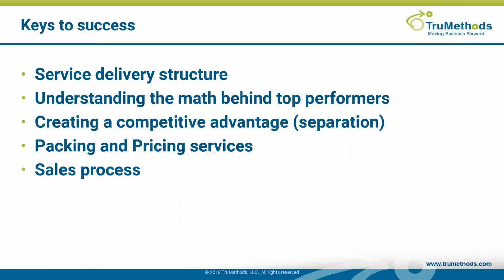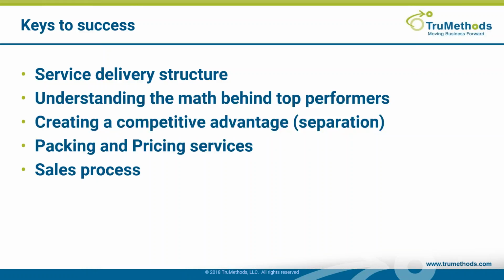The top providers, the ones who have the highest leverage or the highest margins, are able to consistently deliver the same high-level, high-value results to their clients. So that service delivery structure is really important. We'll talk about that throughout the videos here. That's really going to be the center of everything that we talk about and that people can relate back to. That's the center of the framework.